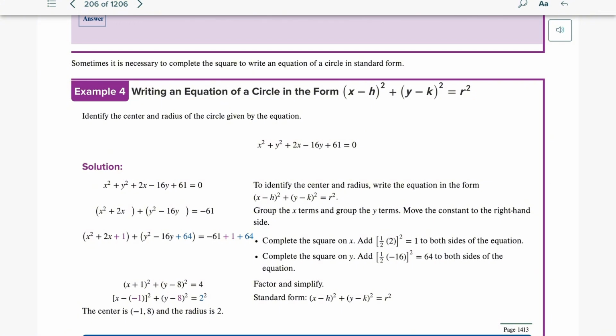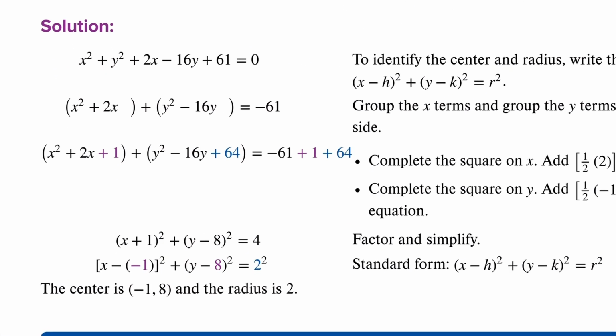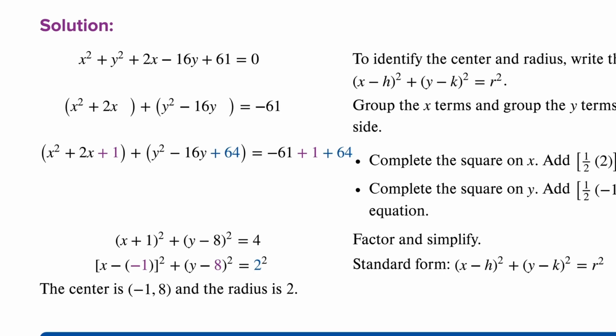Okay, so that's the negative 61. And then you take half of the middle term. For the x's, it's 2. For the y's, it's negative 16. So we take half of 2. And then for the y's, we take half of 16. And it is technically negative, but you have to square it, so it ends up being positive. And that is how you end up with x plus 1 squared plus y minus 8 squared equals 4.